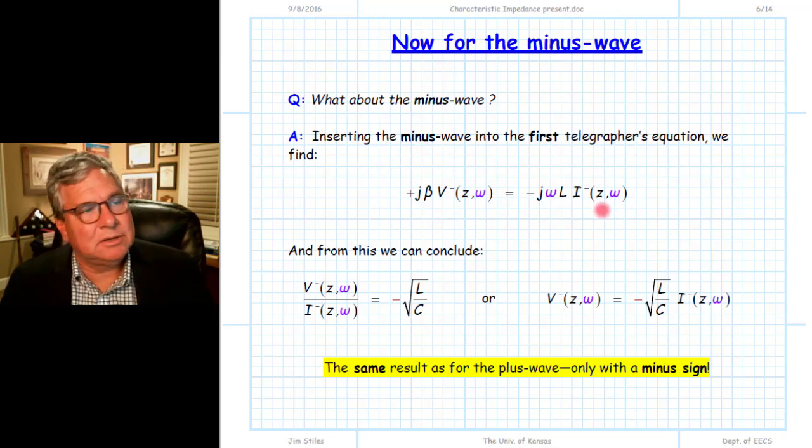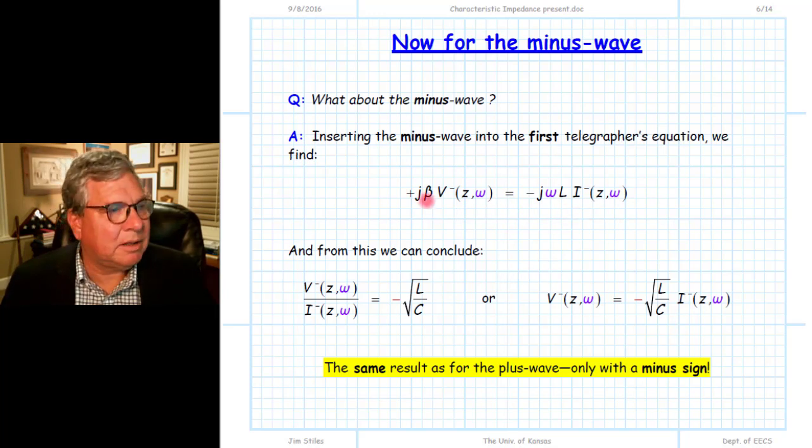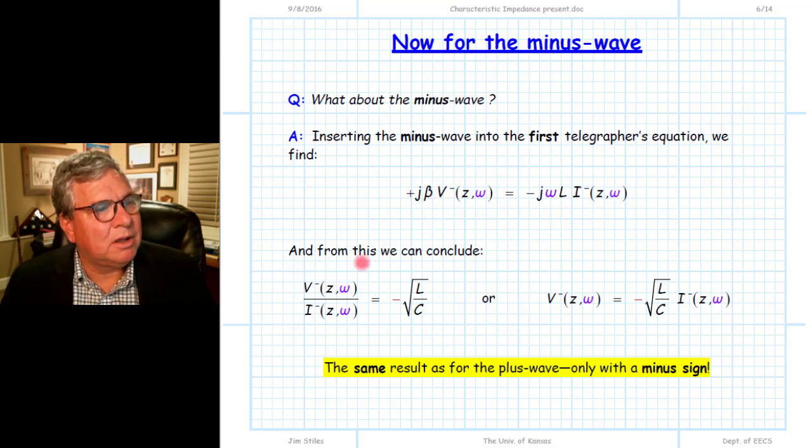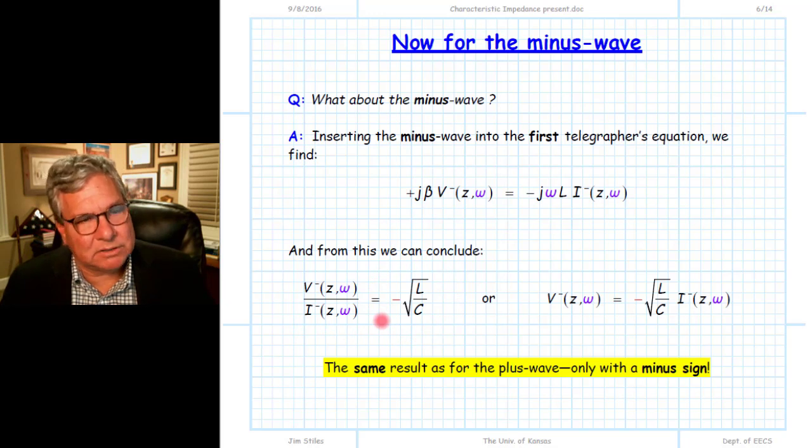From this result, if we take the ratio of each side and insert the value for beta in terms of the square root of LC, we can conclude that the ratio of the minus wave voltage to the minus wave current is equal to minus the square root of L over C.